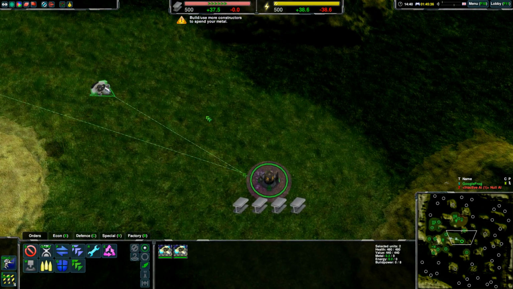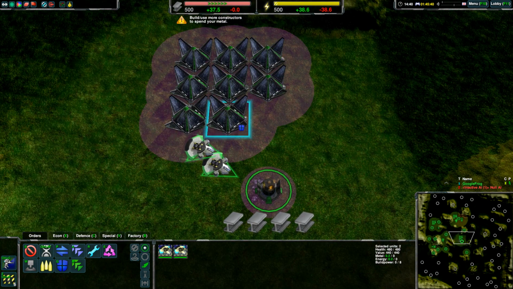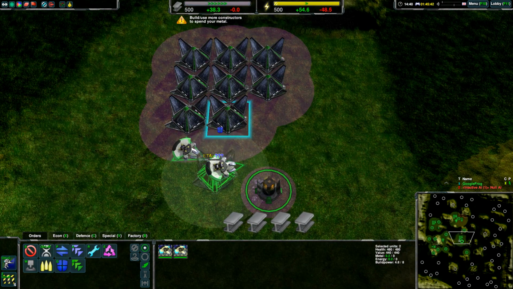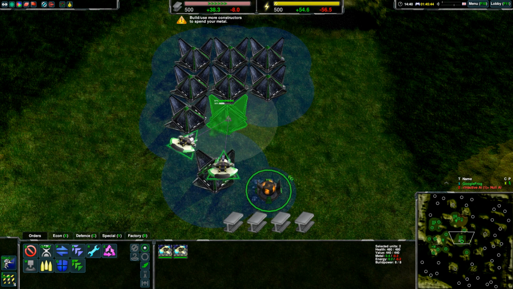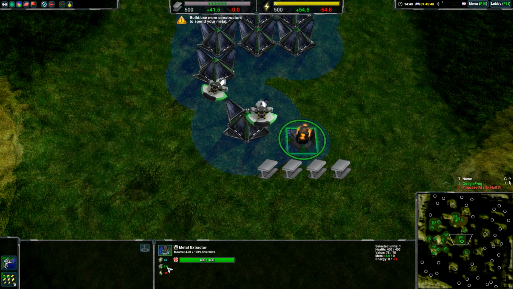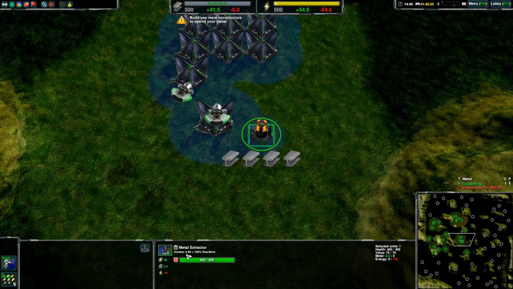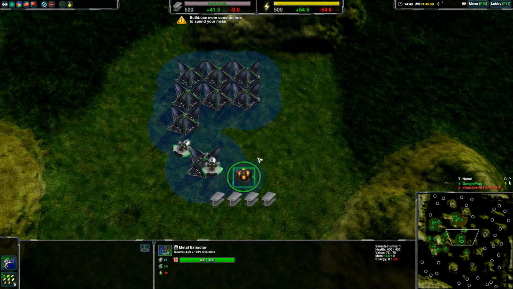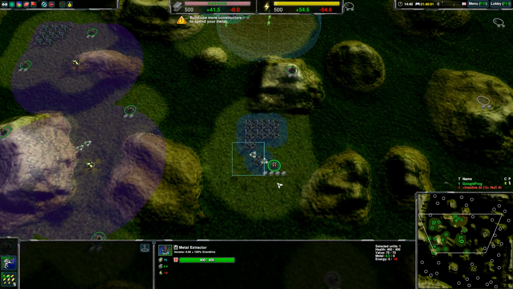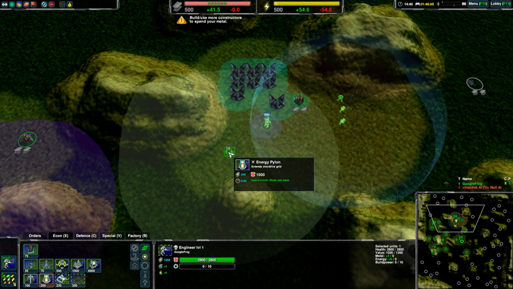If I put my good old 8 solars next to it, then this is producing an extra 8. This is producing an extra 4. 4 plus 100% is 8. So it's producing more.